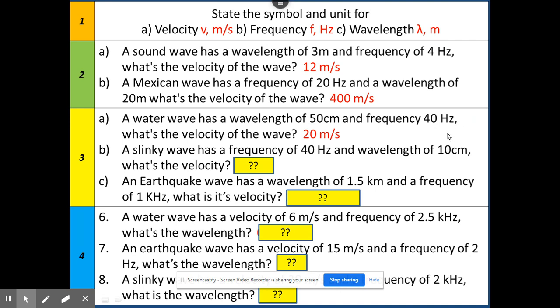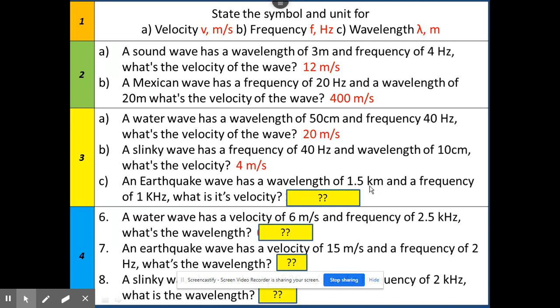A slinky, again, look, there's that 10 centimeters. So you need to turn that into 0.1 meters. 10 divided by 100 equals 0.1. And so 0.1 times 40 hertz, you're going to get 4 meters per second. And then in terms of an earthquake wave, wavelength 1.5 kilometers, frequency 1 kilohertz.